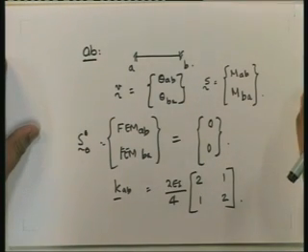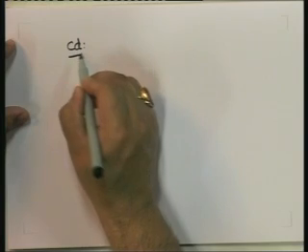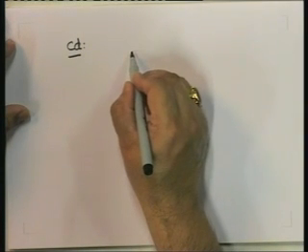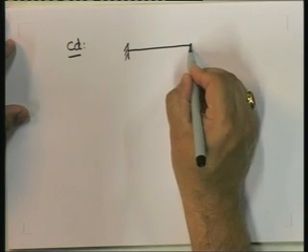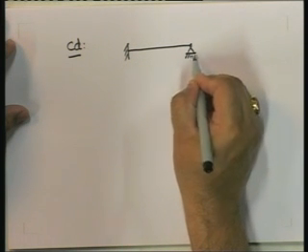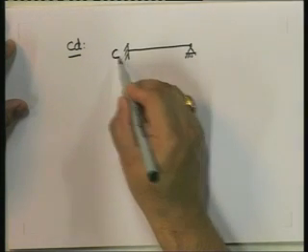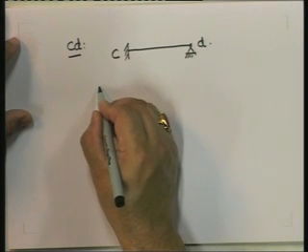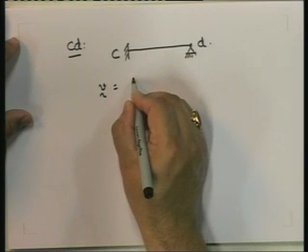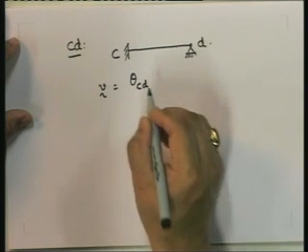Now BC is a rigid member, and therefore you do not consider BC as part of the members. Okay, and therefore next consideration would be for CD. CD is continuous at C, so it is fixed, and at D it is hinged. So this is C, D, okay, and so therefore V in this particular case is theta CD.